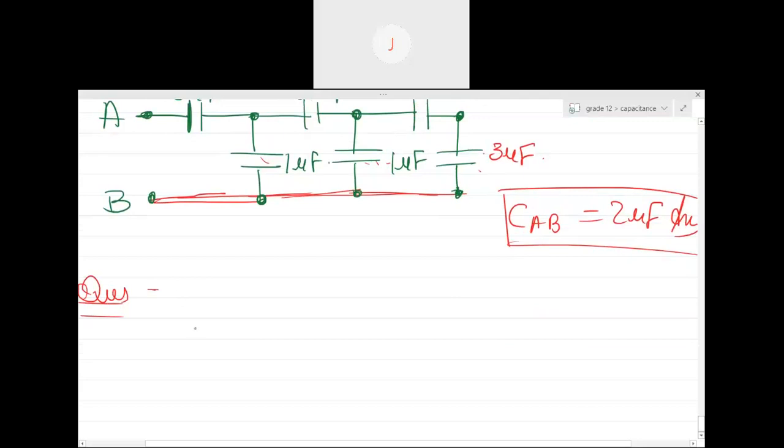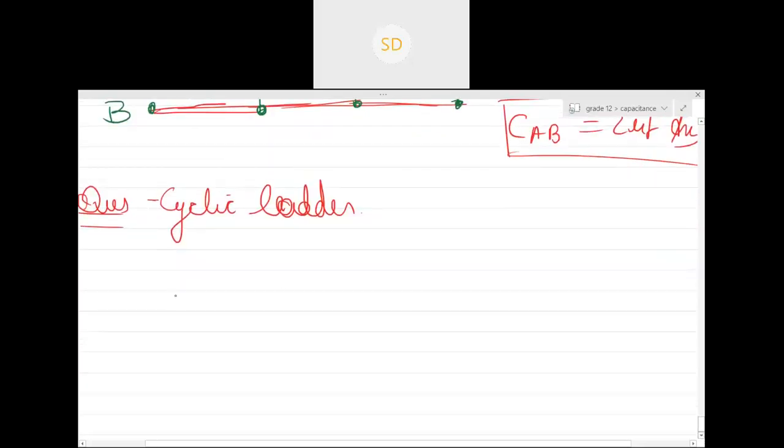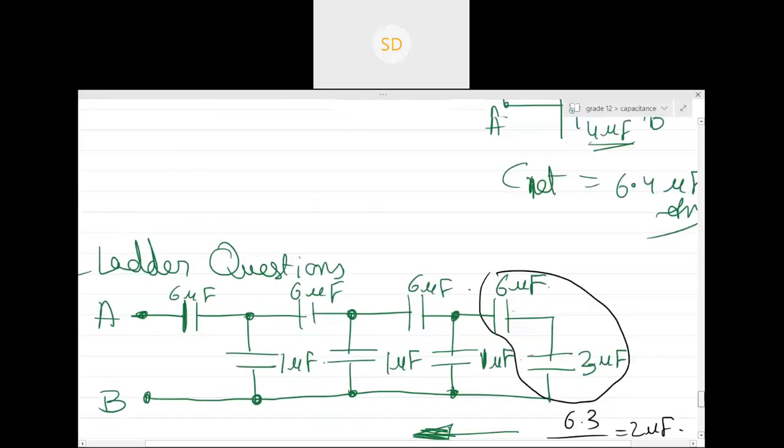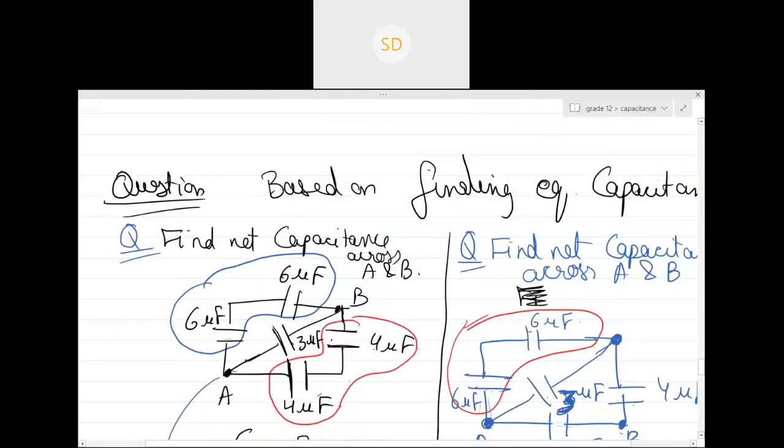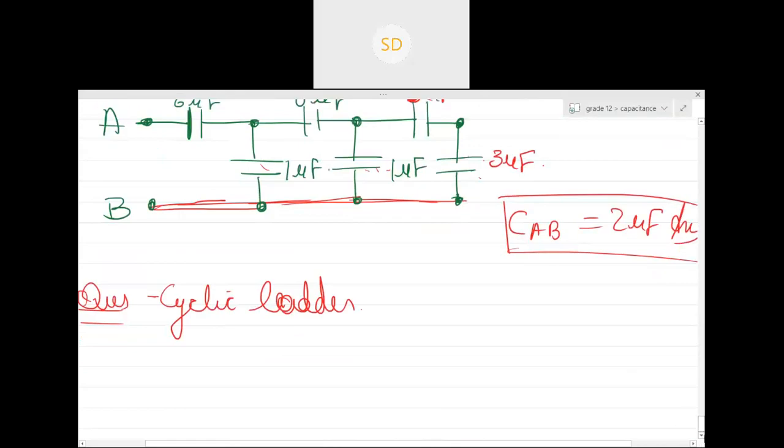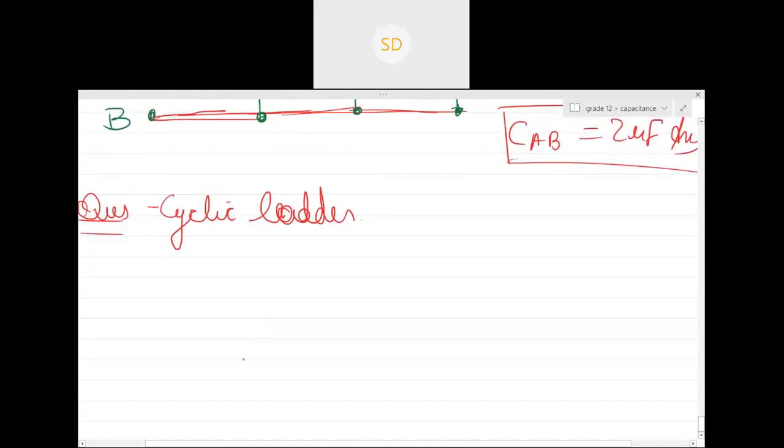Next question, I'll give you a cyclic ladder. Cyclic ladder, look. Do you remember this question? We just did it earlier. This question is based on a cyclic ladder, right? And you try to understand exactly what was the case.